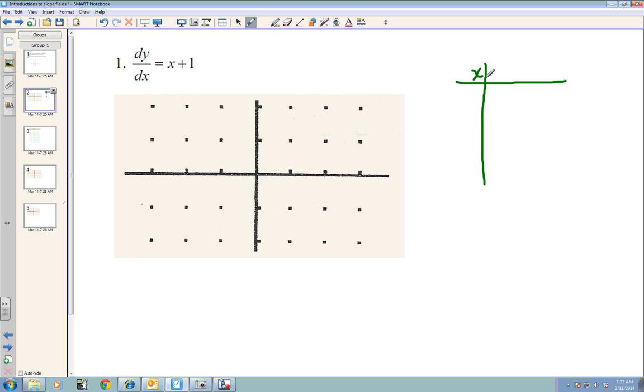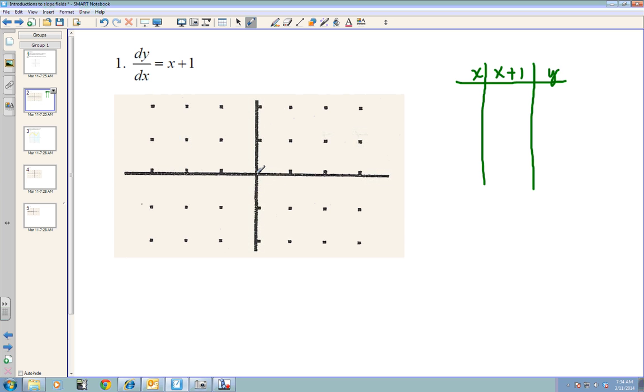I'm going to choose values of x, write in the slope that they gave me, and then have a column for my y value.